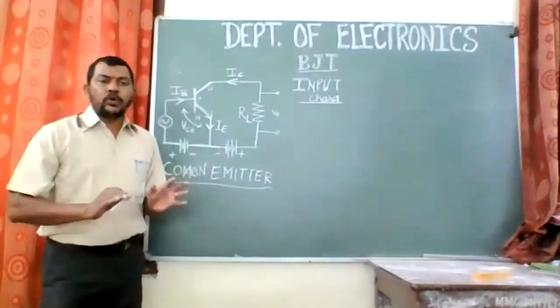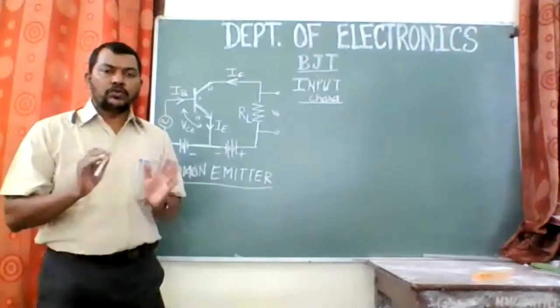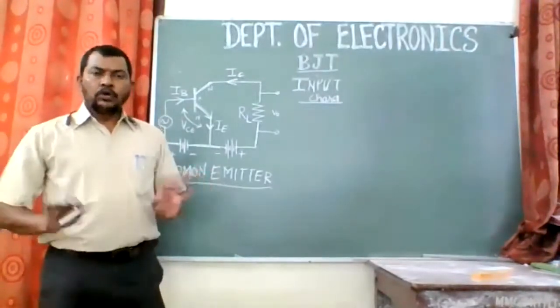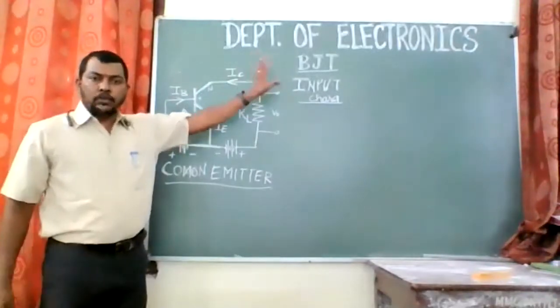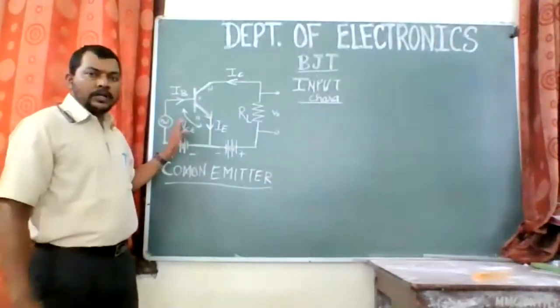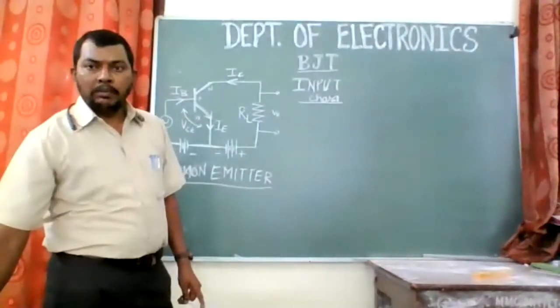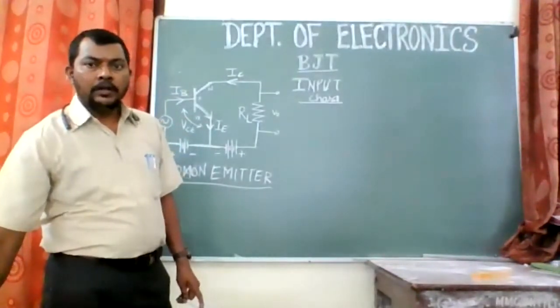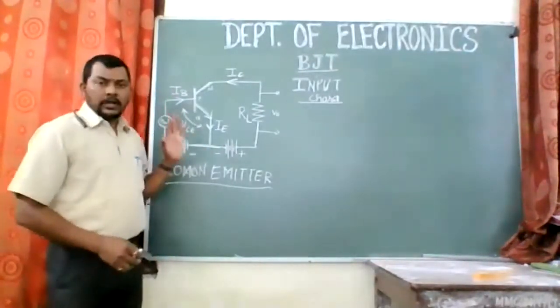The basic formula is V equal to IR and R equal to V by I. Simple Ohm's law. So the input characteristics is nothing but the input resistance, and therefore we write it as VCE by IB, that is collector emitter voltage and IB.